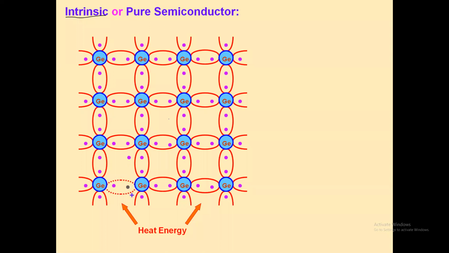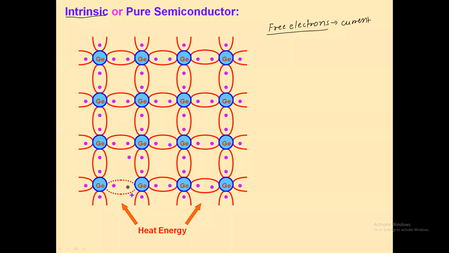And when the covalent bonds break, the electrons jump from the valence band to the conduction band. Once an electron is in the conduction band, it acts as a free electron. And we know that current flows in a material due to the movement of free electrons only. It means that these free electrons conduct the current.